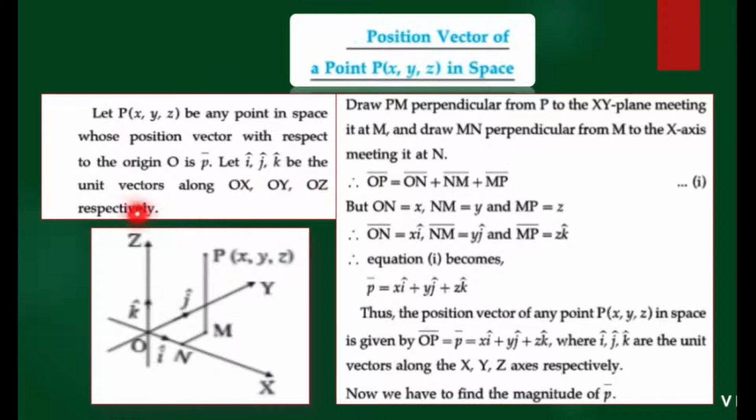Let i, j, k be the unit vectors along OX, OY, OZ respectively. Instead of writing positive x-axis, positive y-axis, positive z-axis, we can write OX, OY, OZ. See, draw PM perpendicular from P to the xy plane, meeting it at M. In the previous theorem, theorem 4, we drew a cuboid for it.